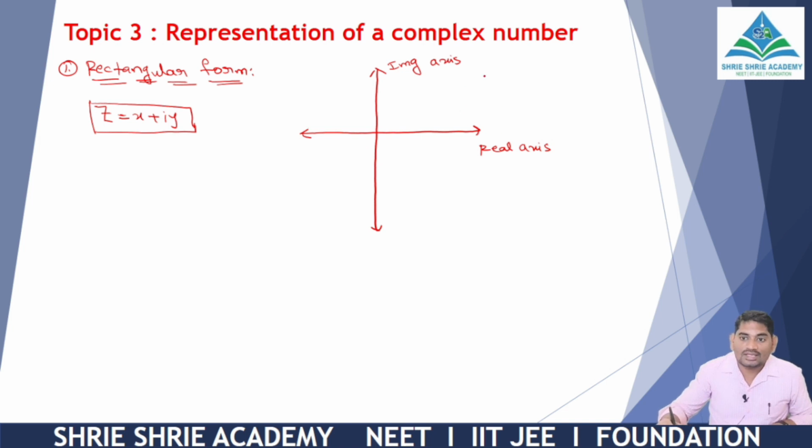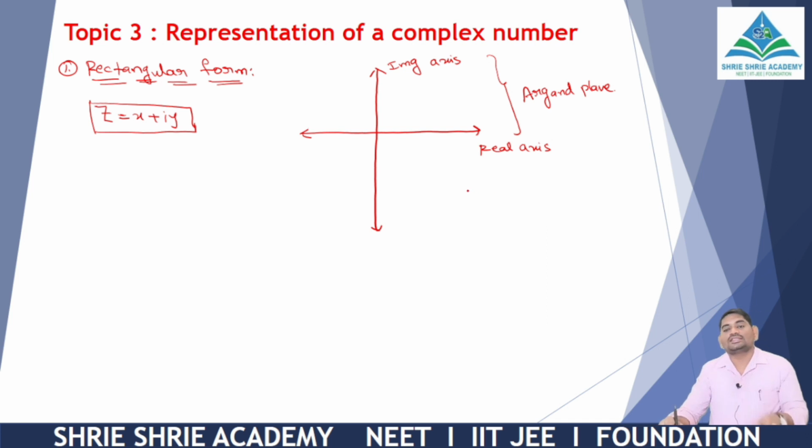These two axes together, this entire plane, we can call the Argand plane.